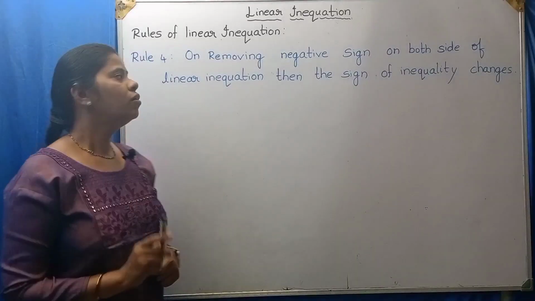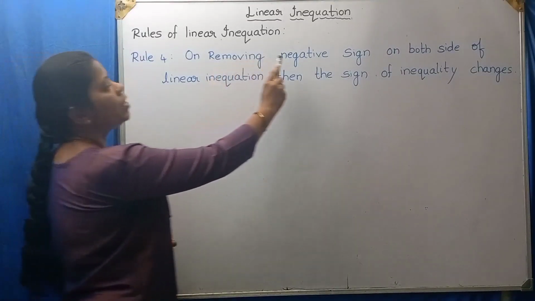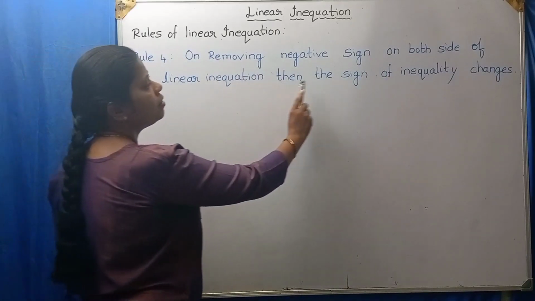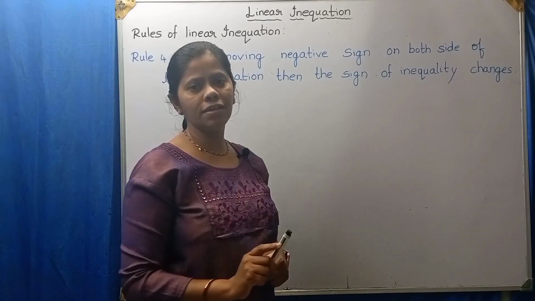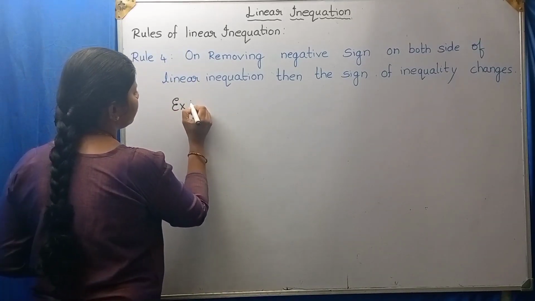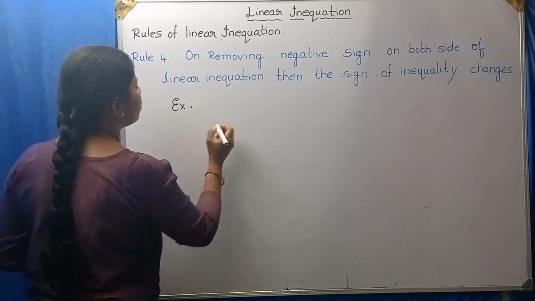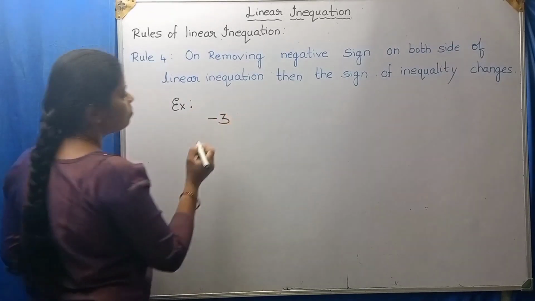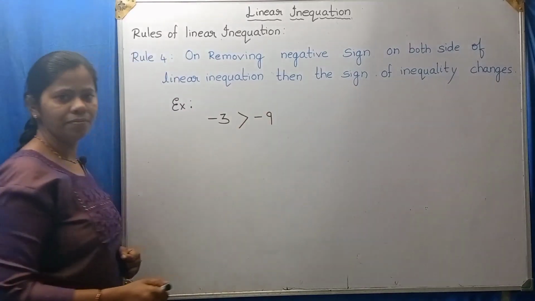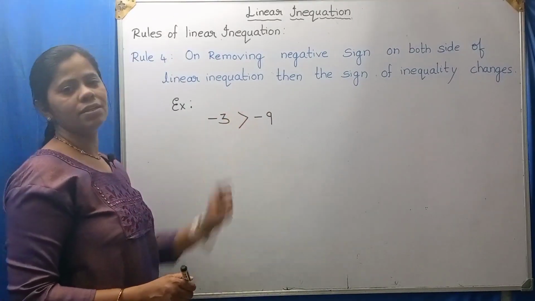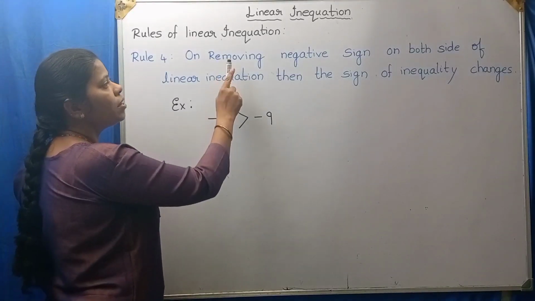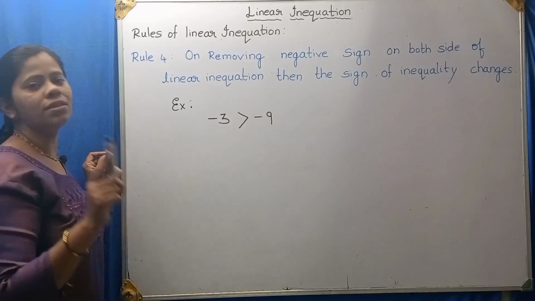Okay. Rule 4: On removing the negative sign on both sides of linear inequation, the sign of inequality changes. Now let me give the example. We know that -3 is greater than -9, isn't it? And all of you will agree with this, right? Suppose I remove the negative sign on both sides of the equation.